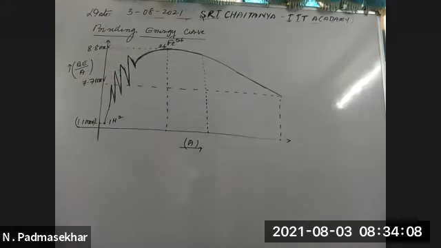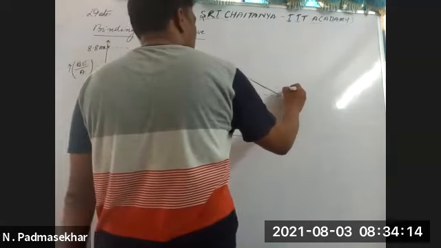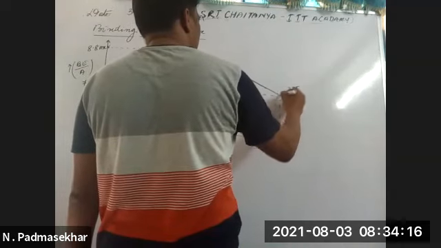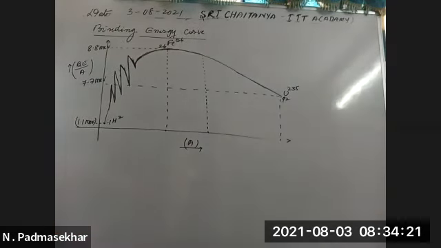Suppose uranium 92U235 is there, having a binding energy of 7.7 MeV.